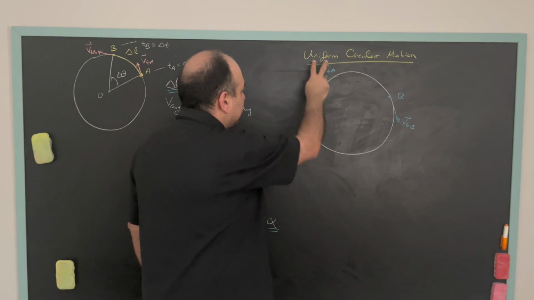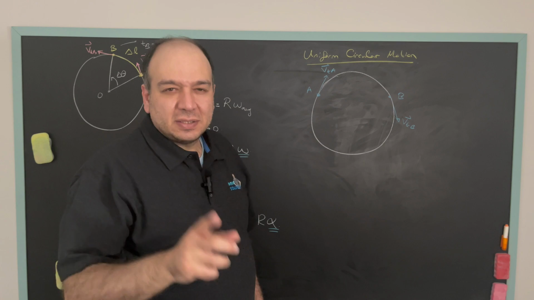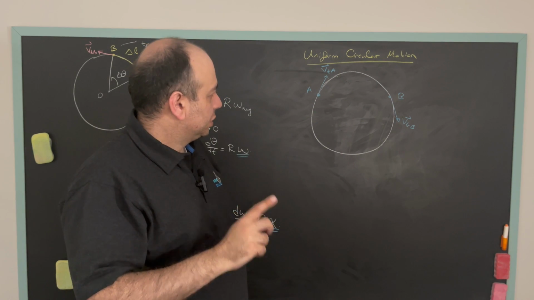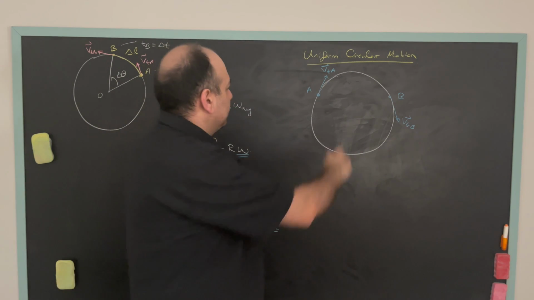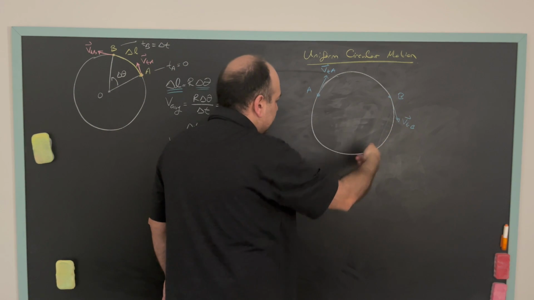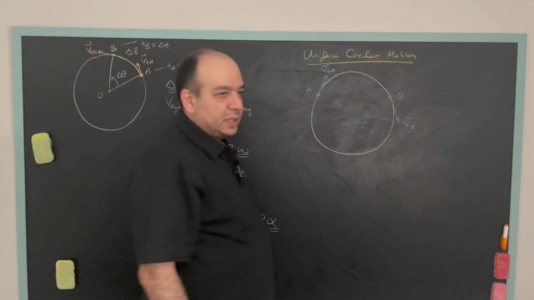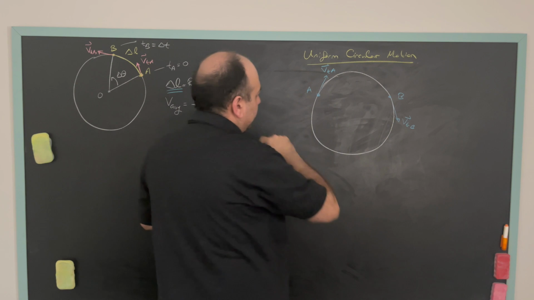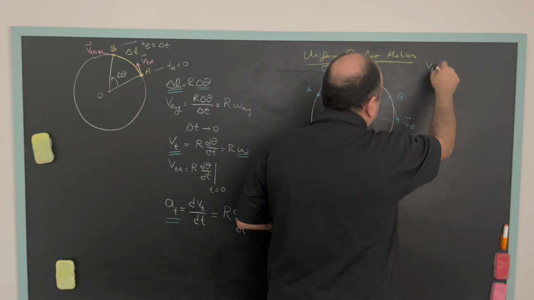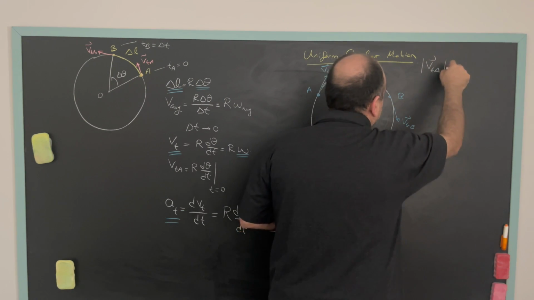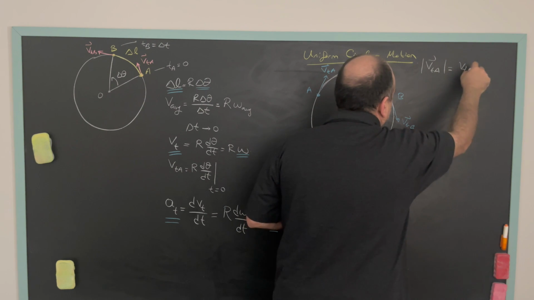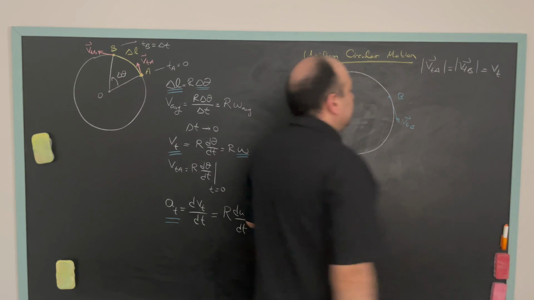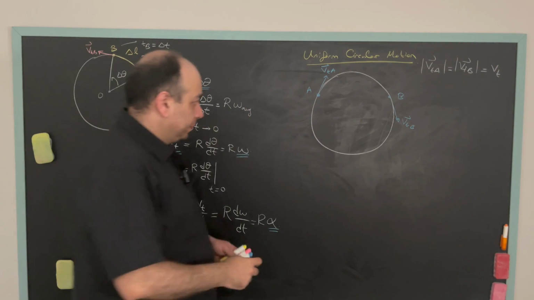This is how we define uniform, constant speed: a circular motion with constant speed. So the magnitude of the velocities at any given point will be the same. At point A, the magnitude of V tangential A must be equal to the magnitude of V tangential B. For simplicity, let's call it V tangential.